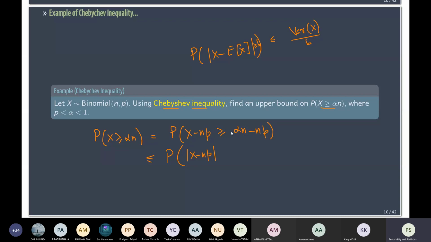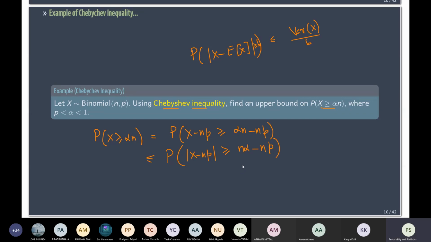Here it was only this less than or equal to this, but if I'm doing mod, then I'm also taking X minus np less than or equal to this, right? So I'm definitely going to increase my probability here. So n alpha minus np, or alpha n, same thing.